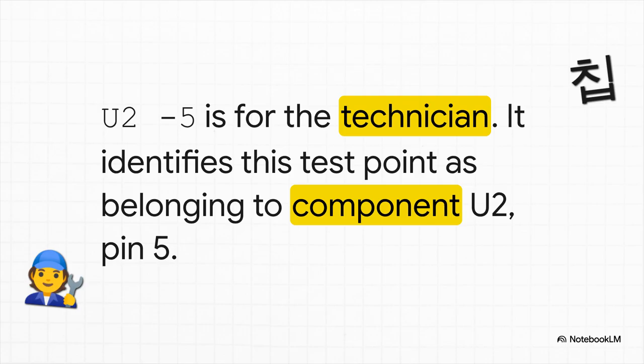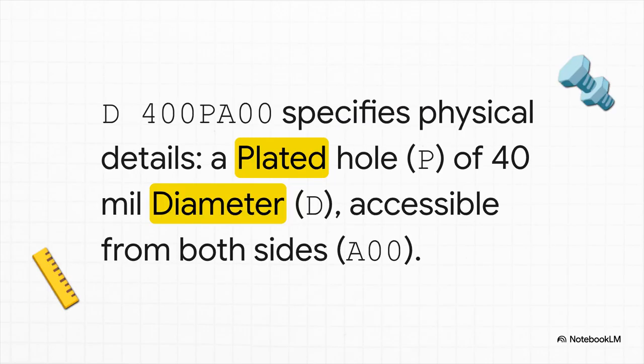Next up, we've got the part for the repair technician, U2-5. This tells them exactly what component, U2, and which pin, pin 5, this point connects to. So if the machine finds a fault right here, there's zero guesswork for the human trying to fix it. Okay, this next chunk, D400PA00, describes the physical test point itself. It's telling the machine that it's a plated, conductive hole, what its diameter is, and whether the probe can access it from the top of the board, the bottom, or both sides.